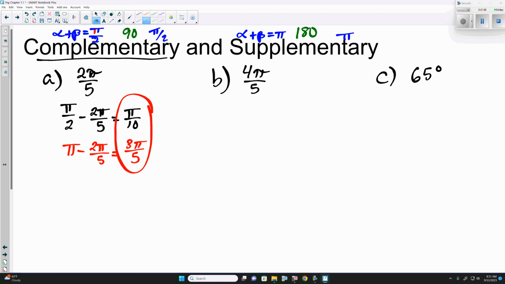So there's our complement and supplement. Questions on this here? All right. Let's look at the next one, 4 pi over 5. To find the complement first, we're going to subtract it from pi over 2.